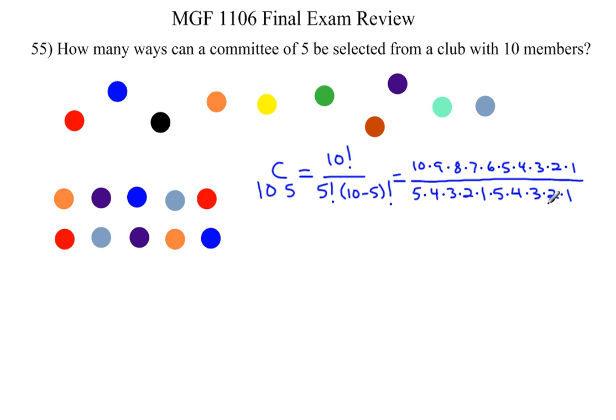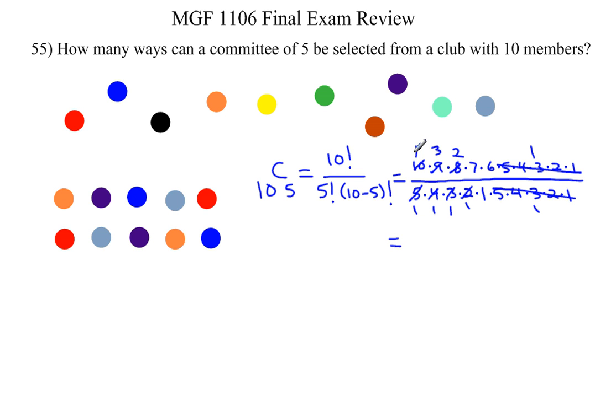And we'll simplify this. This product in the denominator cancels with this one in the numerator. 5 times 2 is 10, would cancel with the 10 in the numerator. 3 goes into 9 3 times. 4 goes into 8 twice.